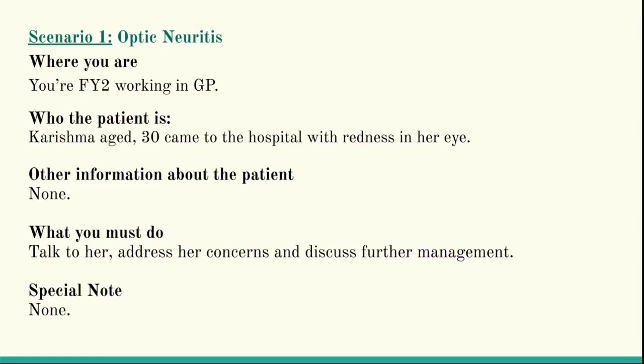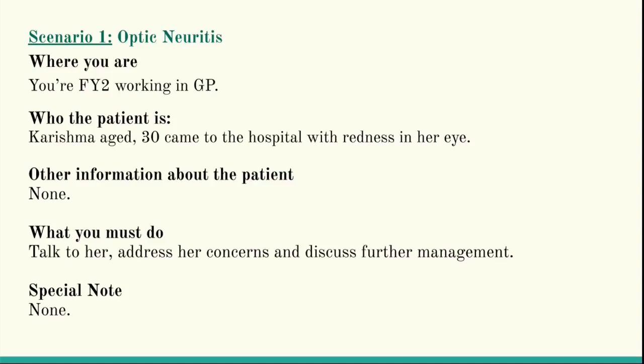Once you reach the management of this case, you tell the patient, you seem to be having a condition called optic neuritis. Do you have an idea what that is? No, doctor. So you explain the condition: it's a condition of the eye where there can be some swelling at the back of the nerve of the eye.